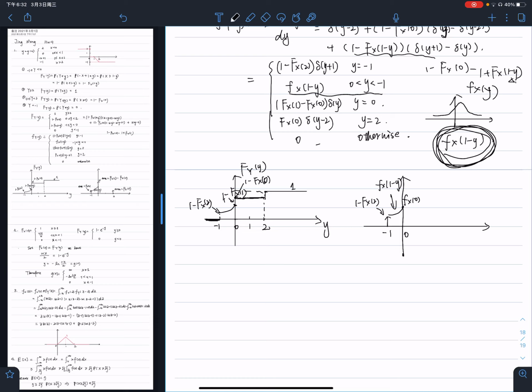Then for y equals 0, this is also an impulse function, and the area of the impulse is F_X(1) minus F_X(0). Then at last, when y equals 2, it is also an impulse function, and the area of the impulse is F_X(0). So now we have solved this problem and drawn the sketch of the CDF and PDF.